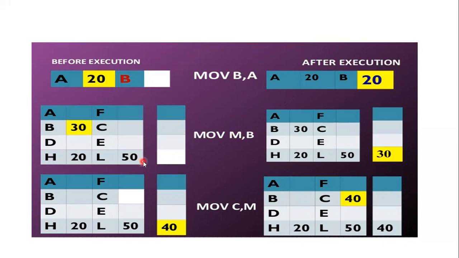So HL is 2050, so the address is 2050. After this instruction is executed, the content of B is moved to this address. So at 2050, the value 30 is moved. Then the B register has the same value.